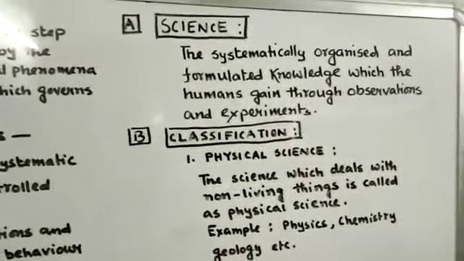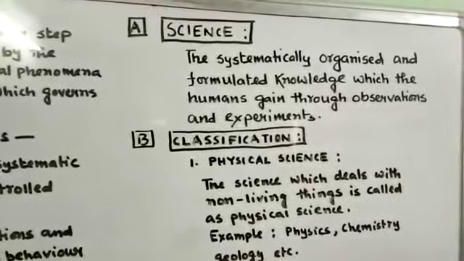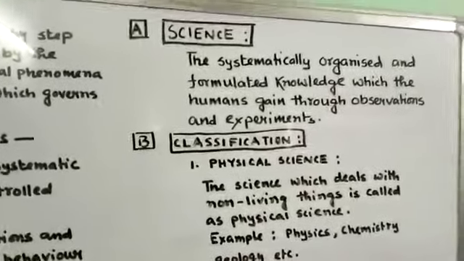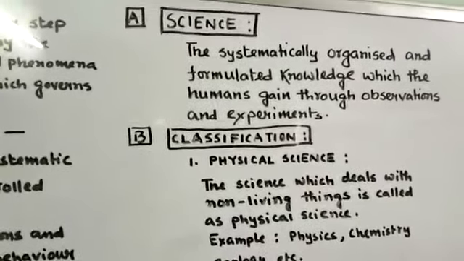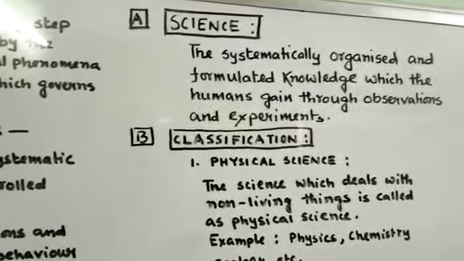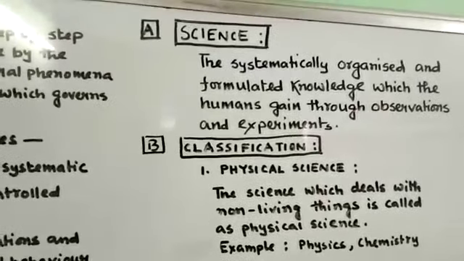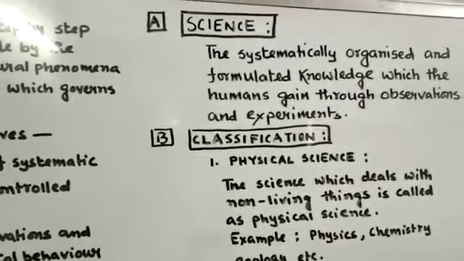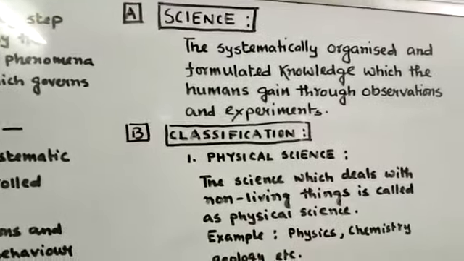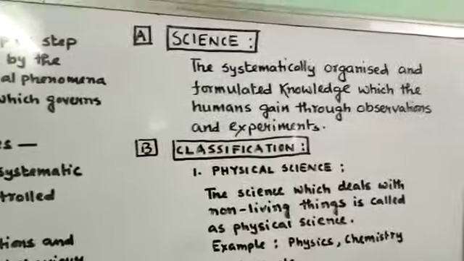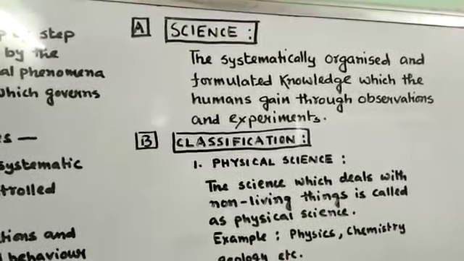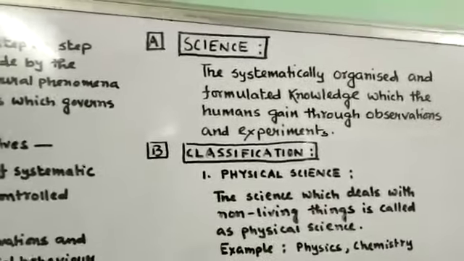Knowledge basically comes from the mind as well as from the lab. In books, we interpret the knowledge so that the next generation can avail that knowledge. We will discuss more, but after this topic, let me go to number B.